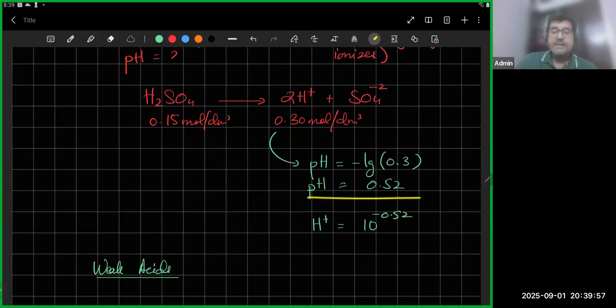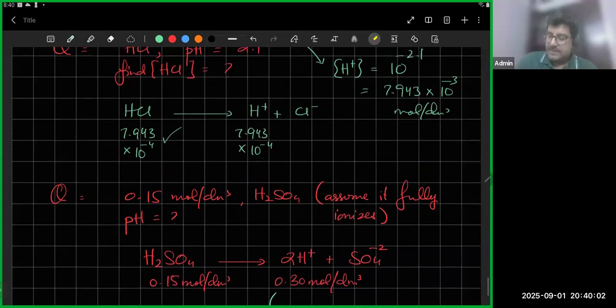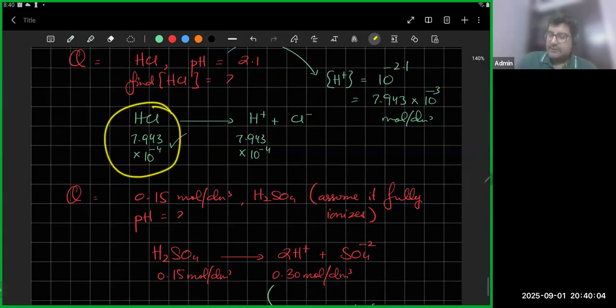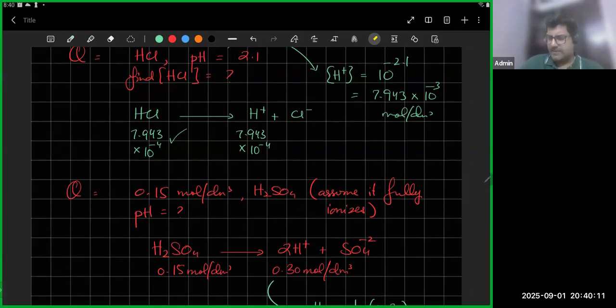Therefore you were able to calculate the pH directly because it was fully ionizing. HCl was fully ionizing. You had the HCl concentration, the H plus concentration would be exactly the same. So you didn't have to do any extra working.